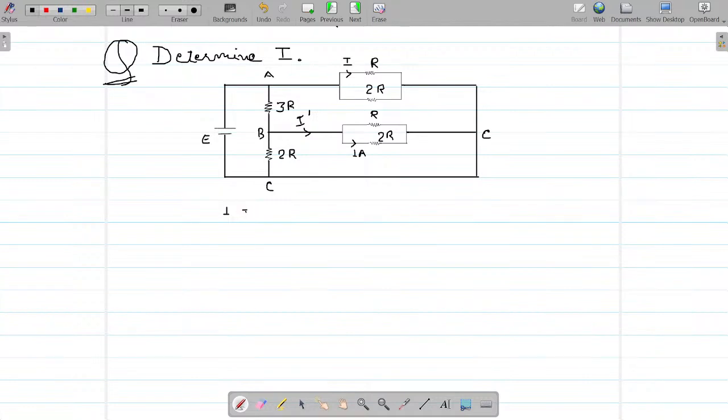1 equals I dash times, it is inverse ratio. Because in current division, what did we learn? We learned that the current divides in the inverse ratio. So shouldn't I write R, the resistance of the opposite branch, upon the sum of resistances?